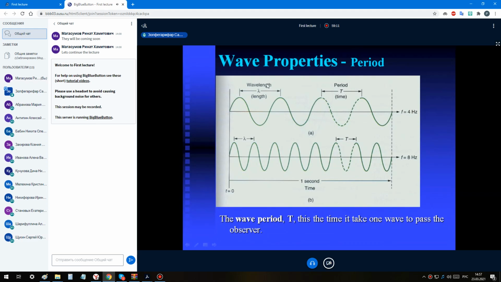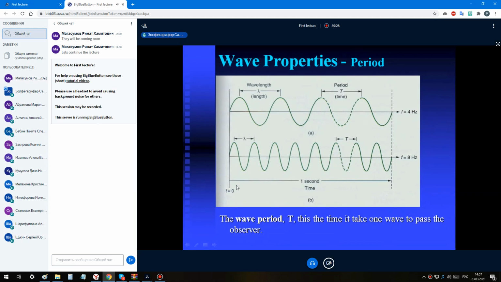You can see the wavelength, period, and frequency in hertz in this slide.